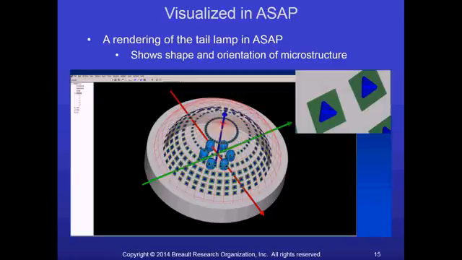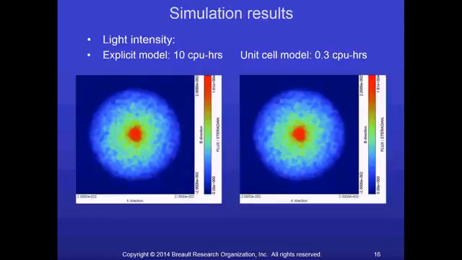And again, we'll talk about results of the ray trace simulation. This model could also have been built up rigorously and completely within ASAP, or we could have used the unit cell approach. And here are the light intensity profiles at the output of those bicycle safety lamps. And again, I think you can agree that we have identical results between the two simulations.